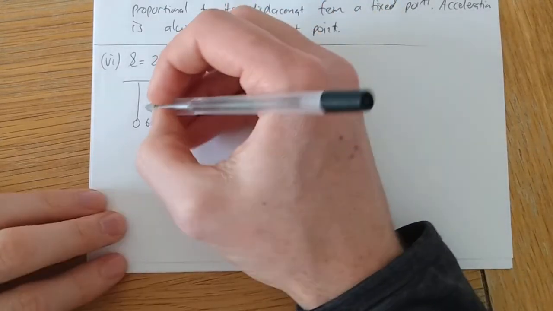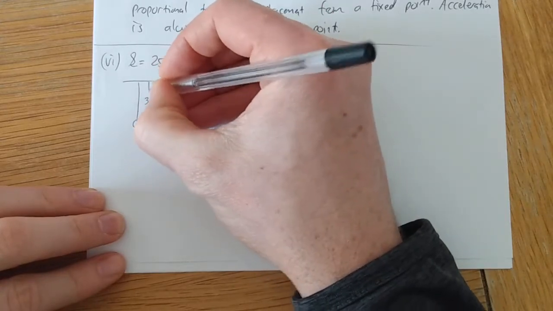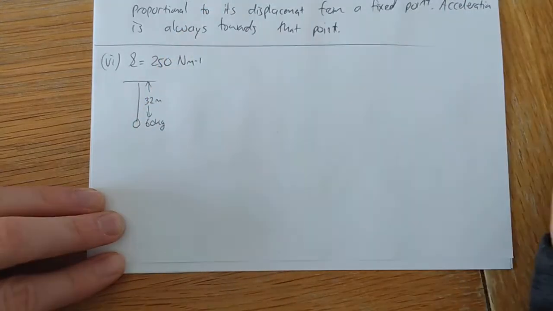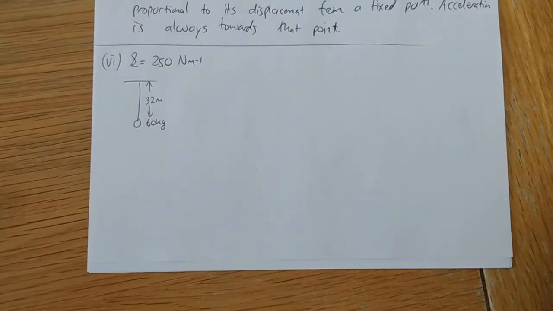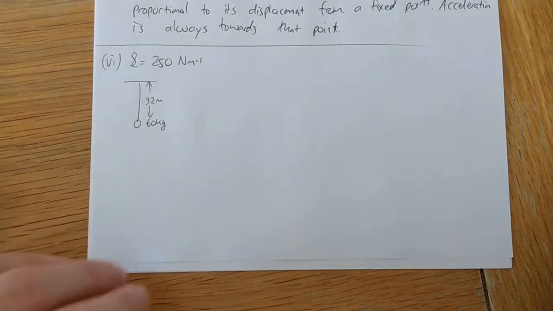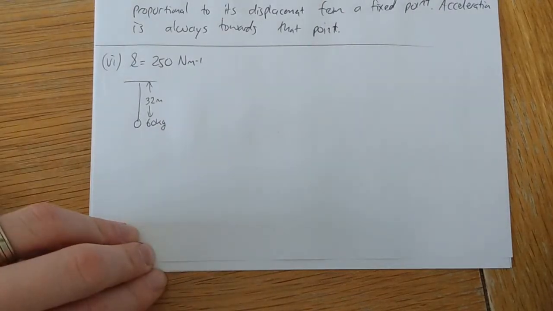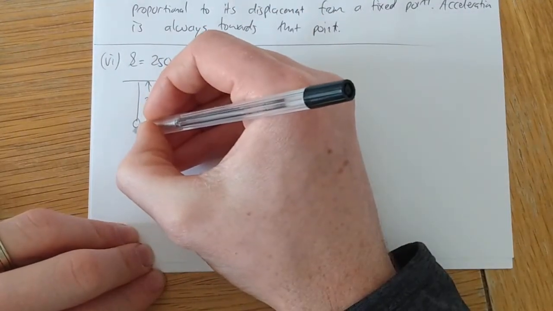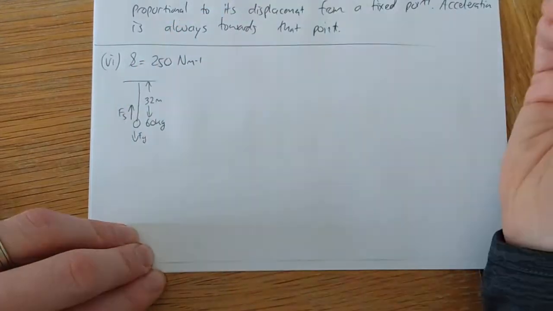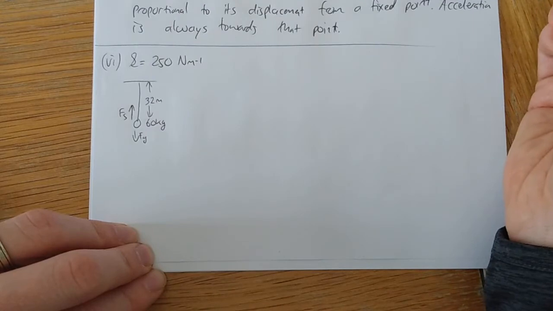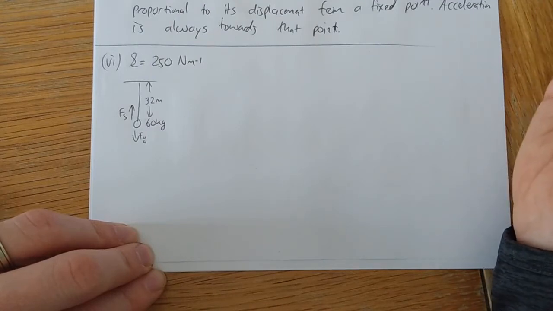What was that? That was a 32-meter cord, right? Let me just read that question again. 32-meter cord. Okay, cool. So what we want is where Henry's gravity is going to be equal to the spring force, so that's at rest.